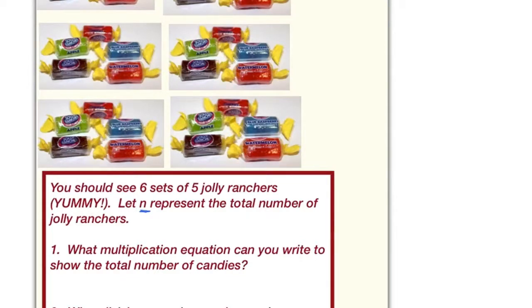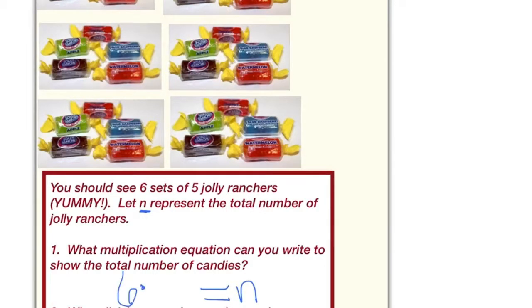Well, if n represents the total number of candies, we would write a multiplication equation that had an equals n, right? And how many groups are there? 1, 2, 3, 4, 5, 6 groups. So we would write 6 times how many in each group?